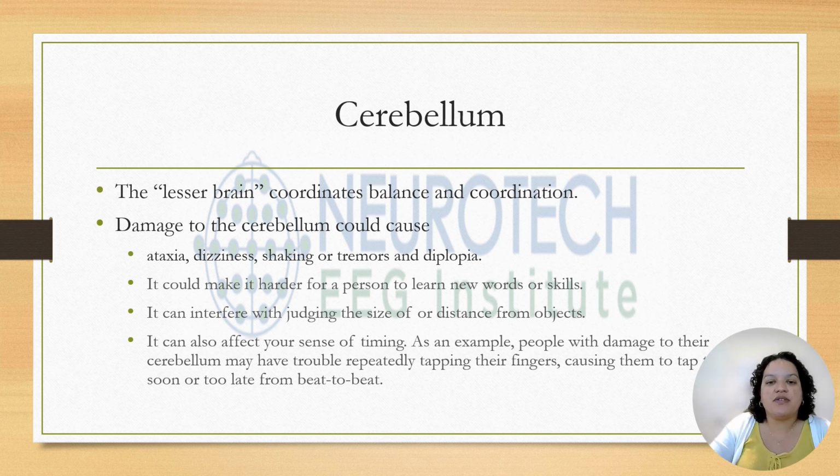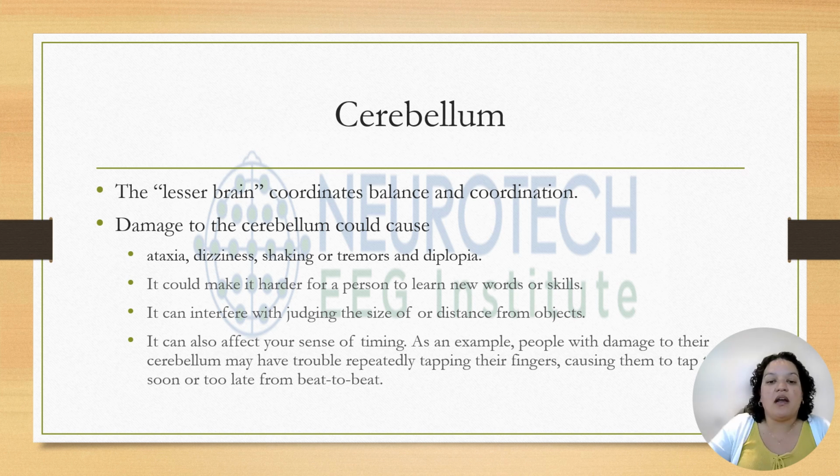And then we have the cerebellum, and this is the little brain or the lesser brain, and this coordinates balance and coordination. Damage to the cerebellum is going to cause ataxia, so you're going to be clumsy walking. And then you're going to have dizziness, you might have shaking or tremors, and double vision.